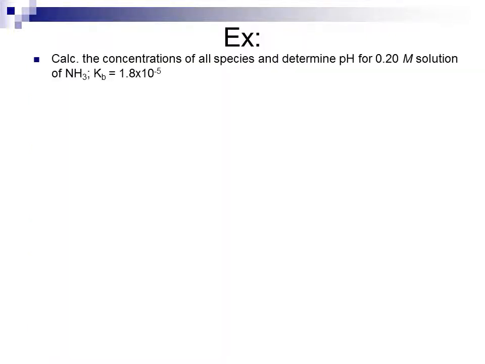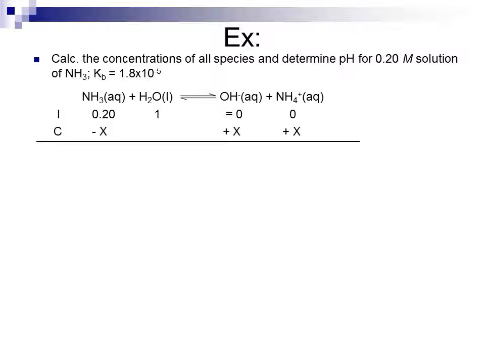So for example, if we wanted to calculate the concentrations of all the species and determine the pH for a 0.2 molar solution of ammonia with a Kb value of 1.8 times 10 to the minus 5, we would first write out our equilibrium reaction. The initial concentrations are 0.2 for NH3, 1 for water, approximately 0 for hydroxide, and 0 for ammonium.